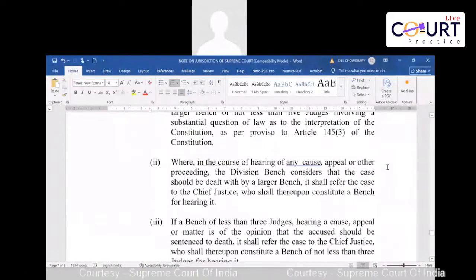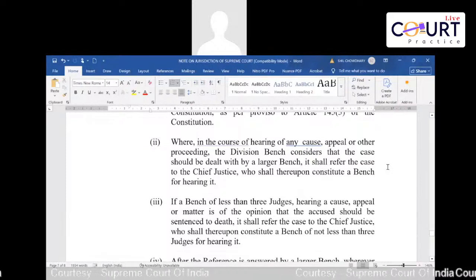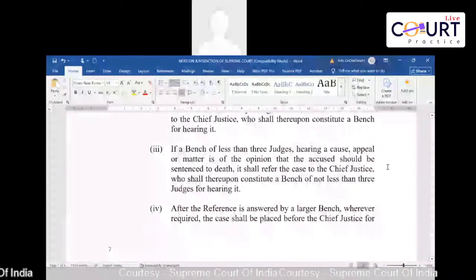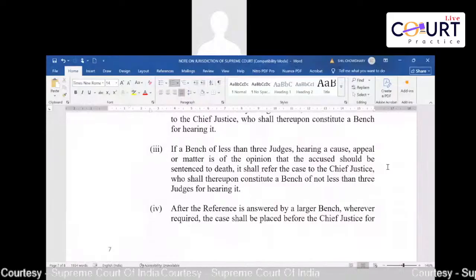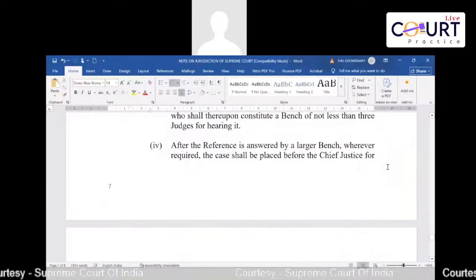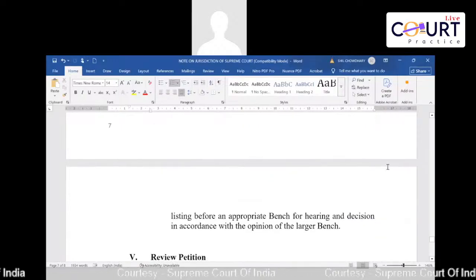Now, where in the course of hearing of any cause, appeal, or other proceedings, the division bench considers that the case should be dealt with by a larger bench, it shall refer the case to the Chief Justice, who will then constitute the bench for hearing it. If a bench of less than 3 judges hearing a cause, appeal, or a matter is of the opinion that the accused should be sentenced to death, then it shall refer the case to the Chief Justice, who shall thereupon constitute a bench of not less than 3 judges.